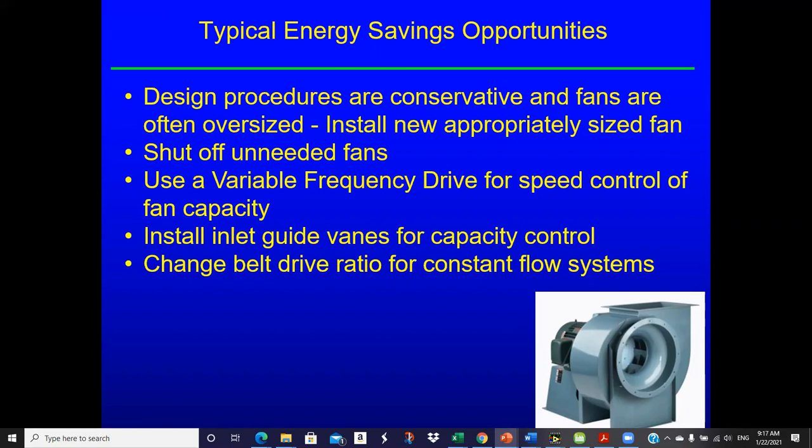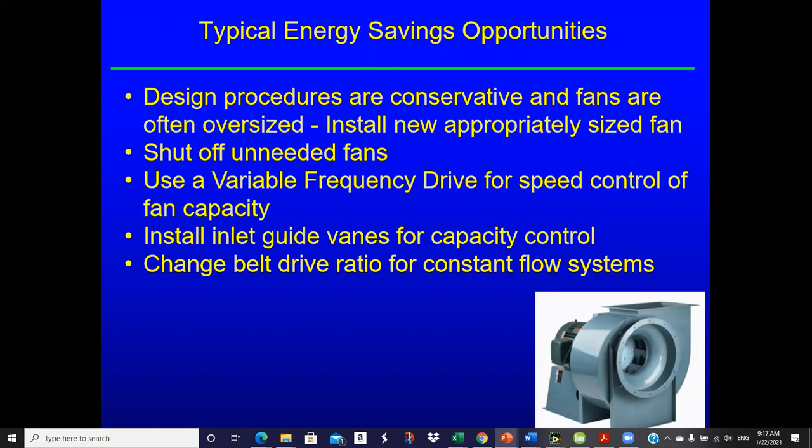Or if we're on a pulley situation and we don't ever change the position of the dampers, we can just do a sheave change, get with the fan manufacturer, take some measurements, and figure out, maybe we're at 750 RPM, we could go to 600 RPM, and we could then open the damper and we would get the same flow. The system would never know, except the energy use on the motor would drop significantly.